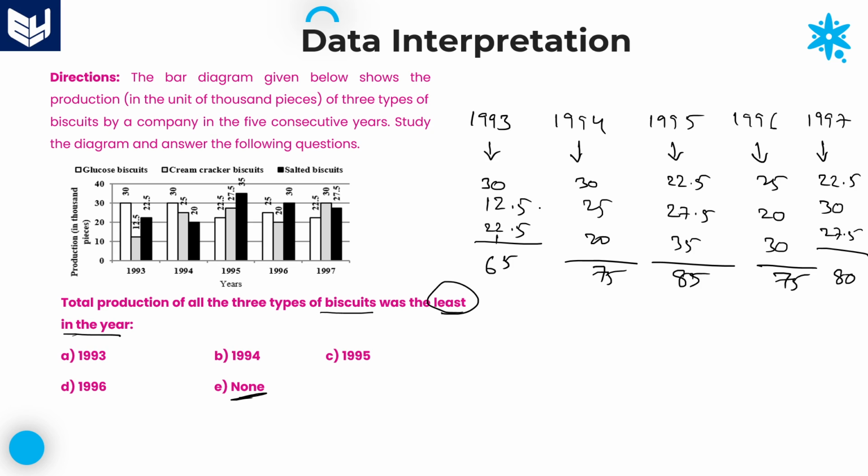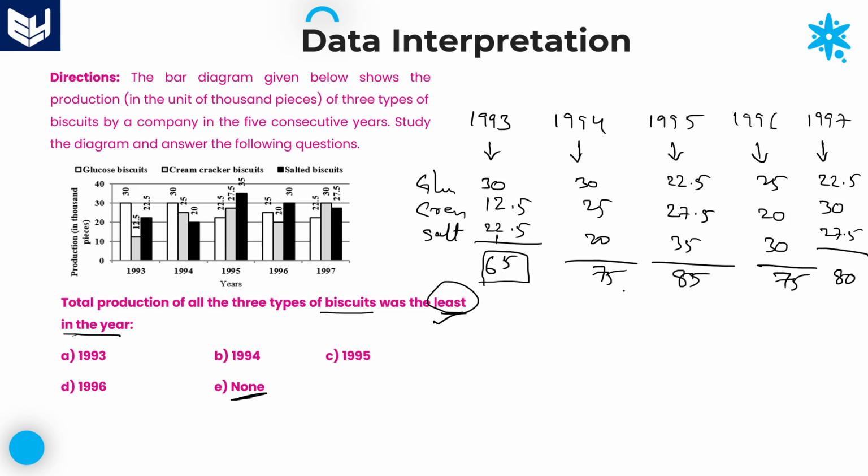All five years' totals we got, for all three types of biscuits: first glucose, second cream cracker, third salted. Now, which one is the least? If you observe carefully, 65 is the least value.